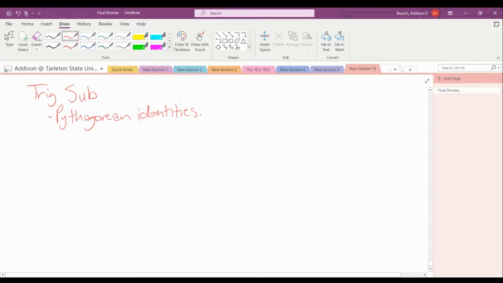So just make sure you know those. And once again, make sure you know your basic trig formulas and identities, and their integrals. They may throw something at you where you have the integral of tangent at the very end. That's usually a good one to memorize.